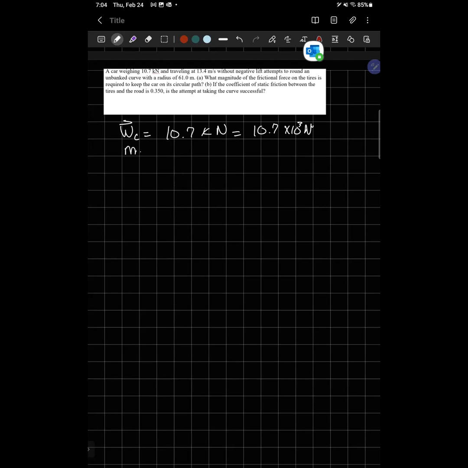The mass of the car is equivalent to that divided by G. I get 1091.84, and that's going to be in kilograms. I know radius is equivalent to 61 meters, and the velocity is 13.4 meters per second.